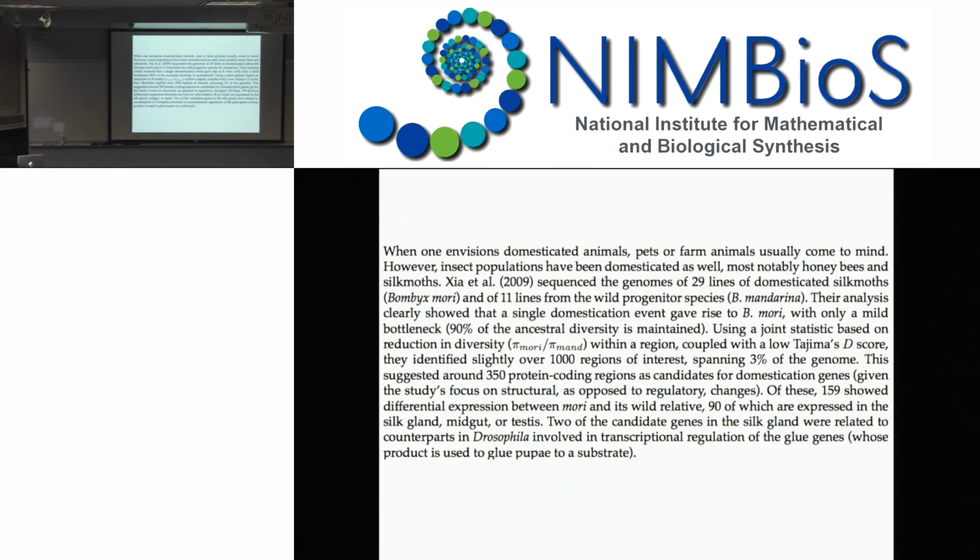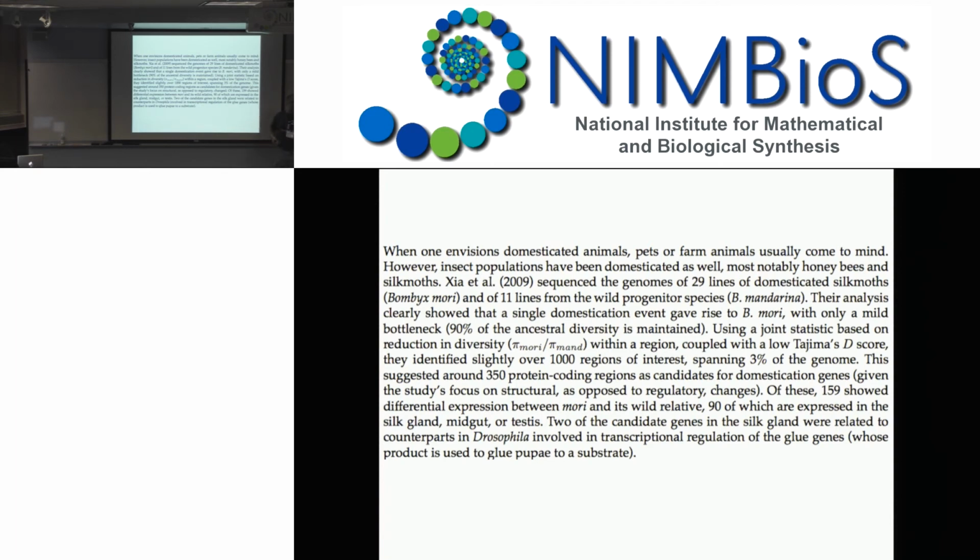But nonetheless, they looked at coding regions, and what they basically did was they looked at reduction in diversity in mori versus its ancestor, and then looked also where you had low, that is negative, Tajima's D score, and they found 1,000 regions of interest covering about 3% of the genome. And from this, they suggested about 350 protein coding genes as candidates for domestication genes. 160 showed differential expression, and 90 were expressed in the silk gland, midgut, or testes.